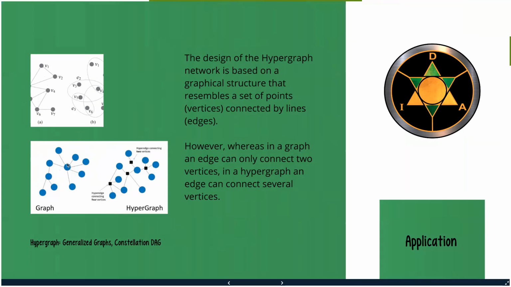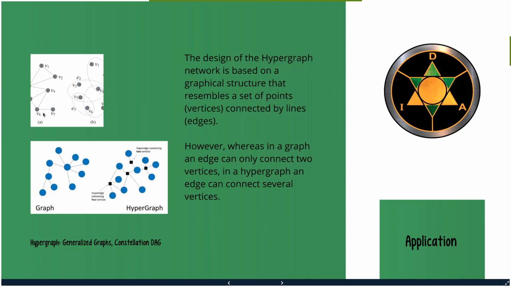But let's do the top one. I think it's more explicit. On the left-hand side, the A figure here, you see that we have vertices, those little rounds, and you can see these edges going from one vertex to the other one, and so on.